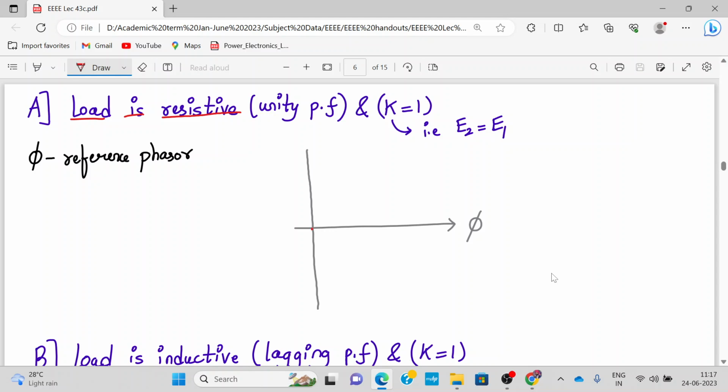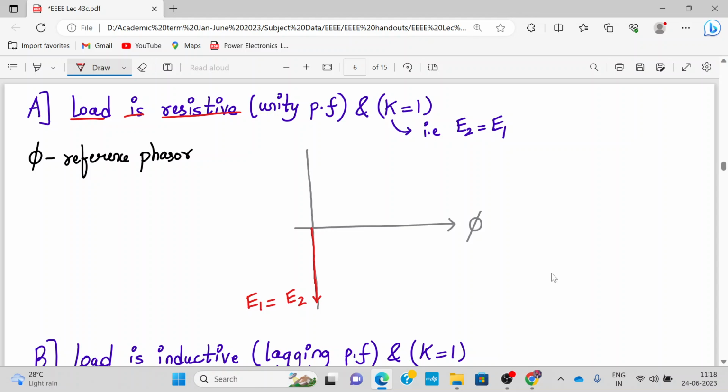So if this is E1, E2 also will be the same. So E1 will be equal to E2, they are one and the same. But we know that E1 and V1 are out of phase.